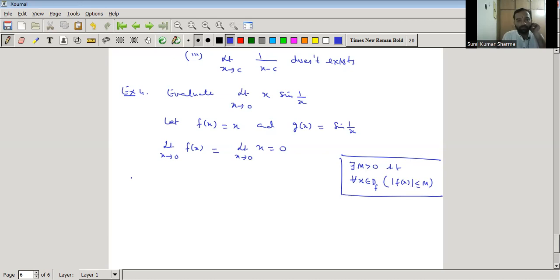So here we have to check mod of g(x), that is equal to mod sine 1 upon x. We know that the sine function is a bounded function, but 1 upon x at x equal to 0 is not defined.